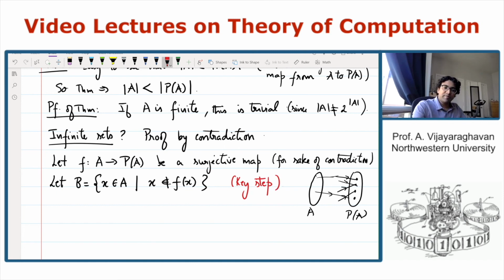The set B will be some element inside the power set. Why is that? Because it's just a subset of elements inside A, and any subset belongs to the power set.